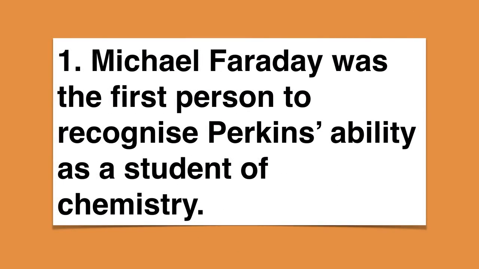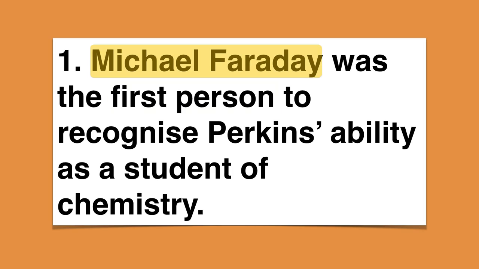And here is the question for number 1. Michael Faraday was the first person to recognize Perkins' ability as a student of chemistry. What are the key words here? What are the most important words here? Well, I think Michael Faraday is a very important word. Keywords are often names.